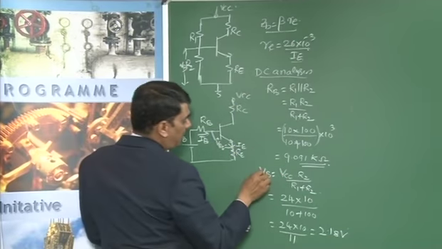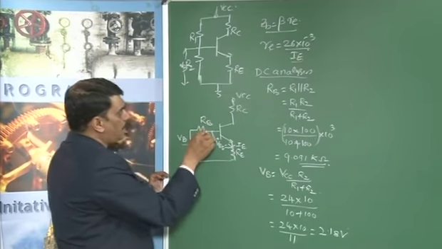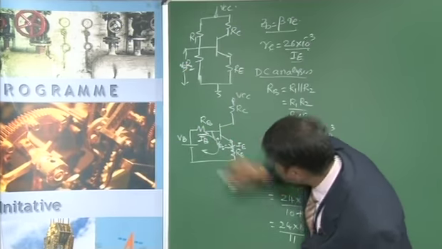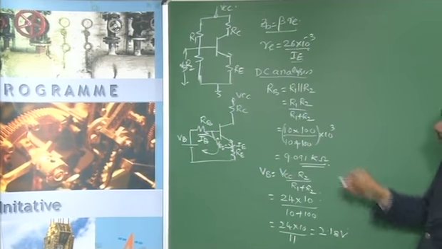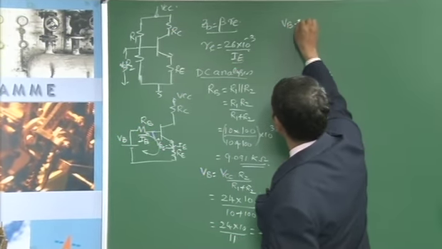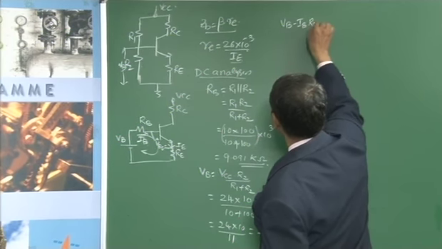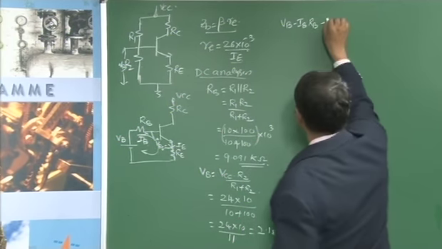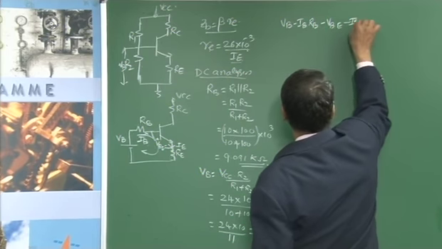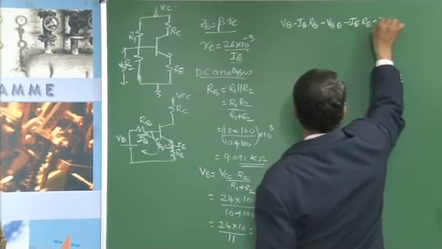Once we have the value of VB and RB, we apply KVL to this path. Applying KVL to the base emitter junction, VB minus IB RB minus VBE minus IE RE equal to 0.